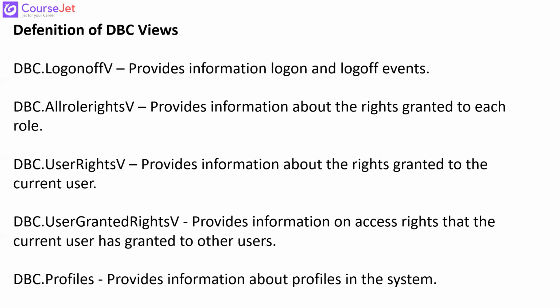And this dbc.usergrantedrights will give you information on access rights that the current user has granted to other users. Suppose you are granting something to me, if you give the grantee information here, it will show what access you have given.